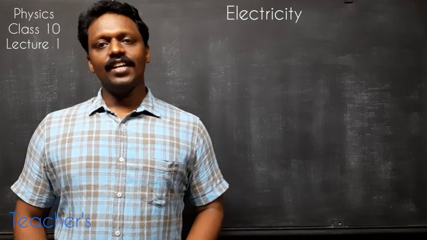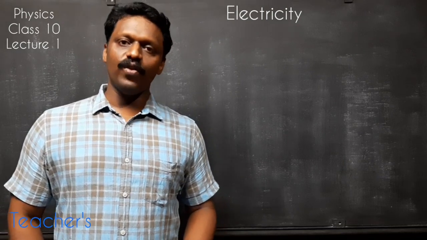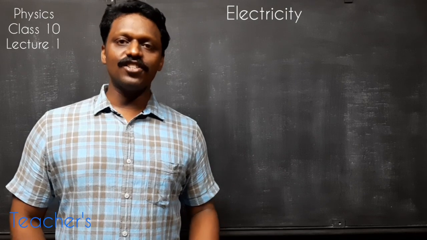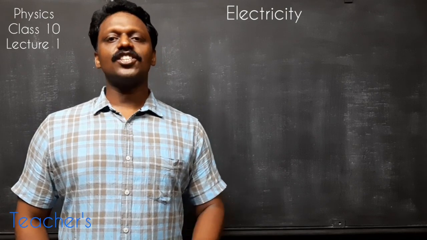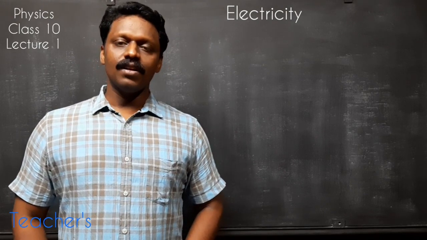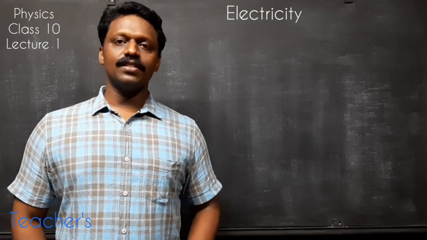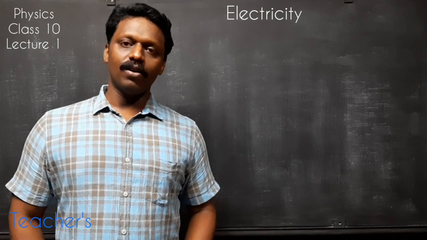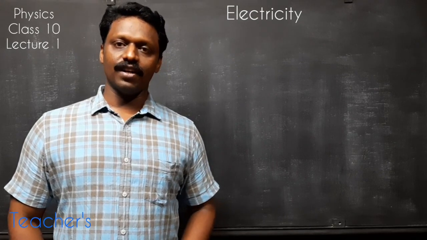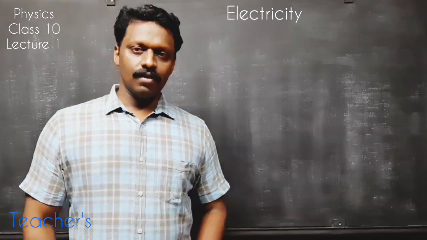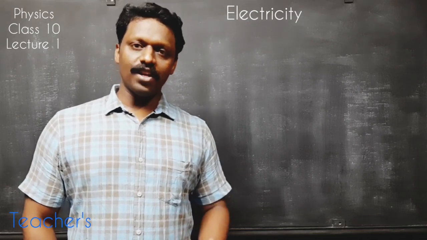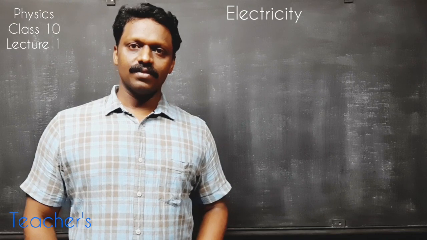In industry, electricity is used to run various types of machines, and in the transport sector, electricity is being used to pull electric trains. In this chapter, we will discuss electric potential, electric current, electric power, the heating effect of electric current, etc. In order to understand electricity, we should first know something about electric charges.